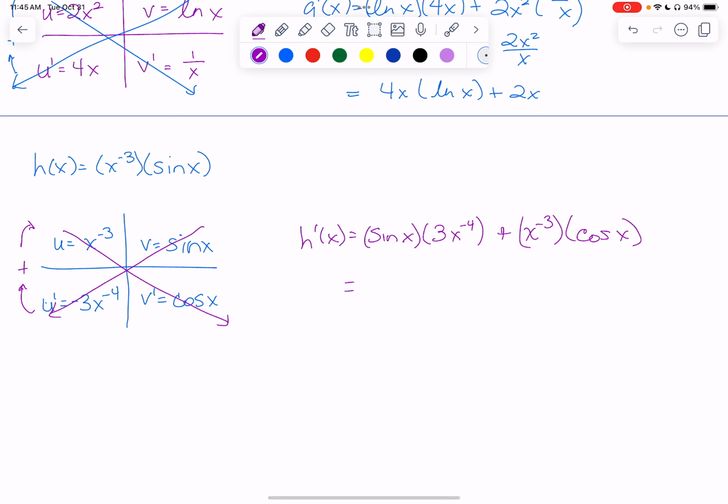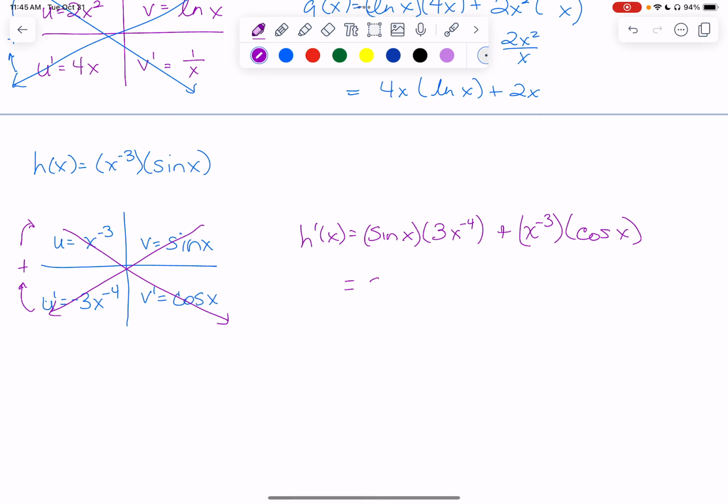All right, so if I write this, I'm going to take these negative exponents back to the denominator. If you don't want to, you do not need to. You can leave these written in just kind of a combined format. So I could leave it as 3x to the negative 4 sine x plus x to the negative 3 cosine x.